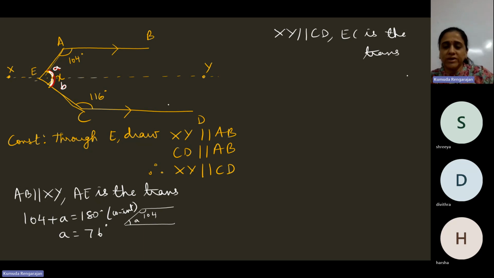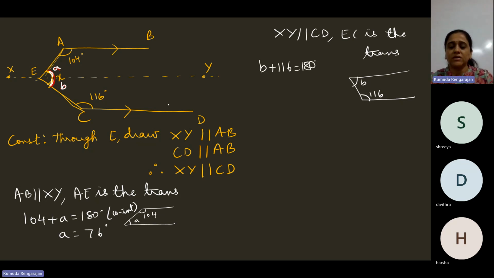So we have B plus 116 is equal to 180, since co-interior angles are supplementary. So B is equal to 180 minus 116. How much is that? 64. Now what is X?